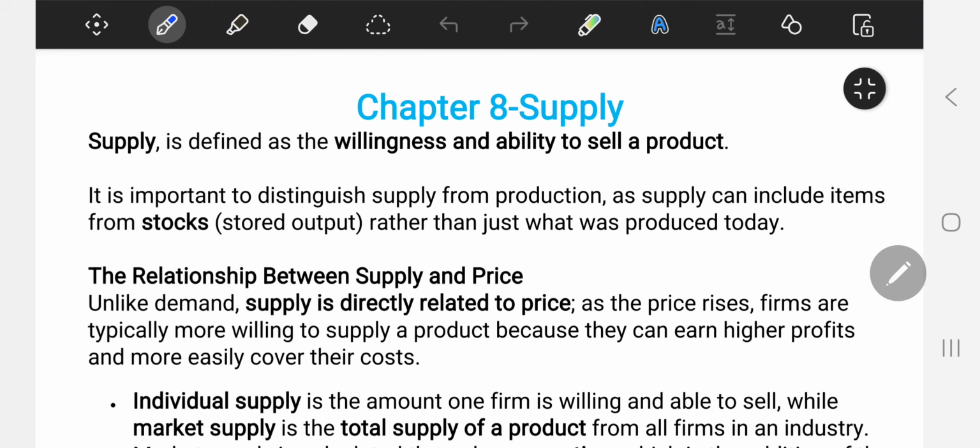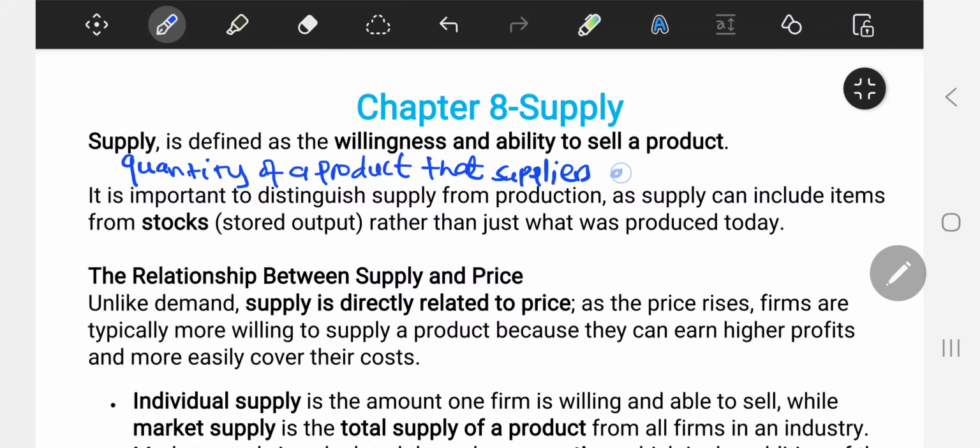Just as I defined demand, I'm going to define supply again, and I'm going to call supply the quantity of a product that suppliers are willing and able to bring to the market.